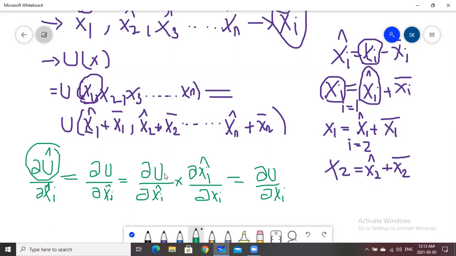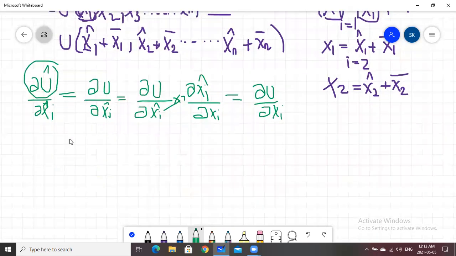It should be equal to the partial derivative of the original utility function to the partial derivative of the net demand function of the I number of goods, multiplied by the partial derivative of the net demand of the I number of goods to the partial derivative of the given I number of goods. This whole should be equal to partial derivative of u, that is the original utility function, to the partial derivative of the I number of goods x.